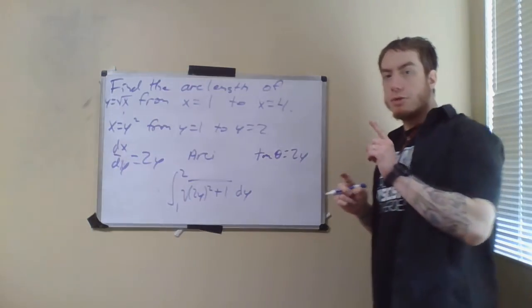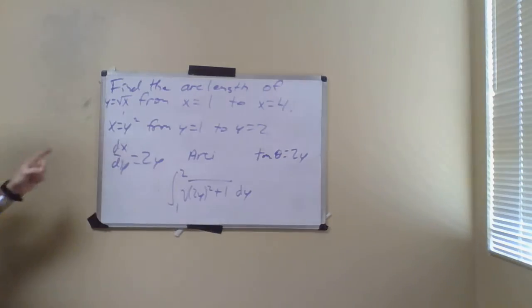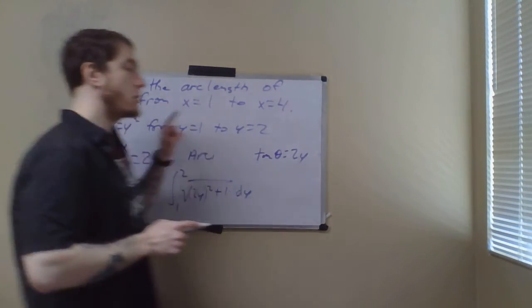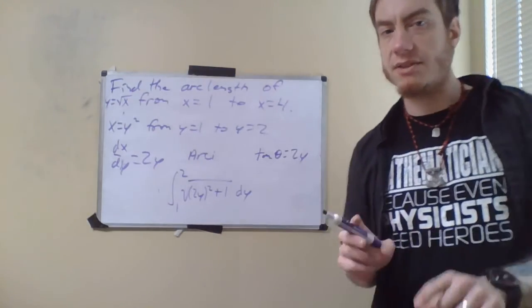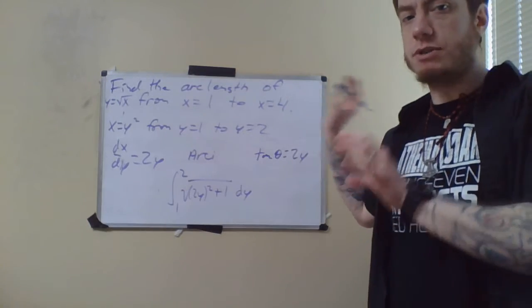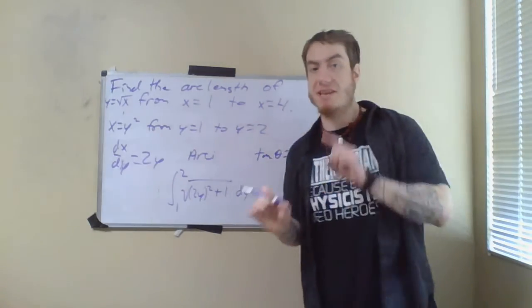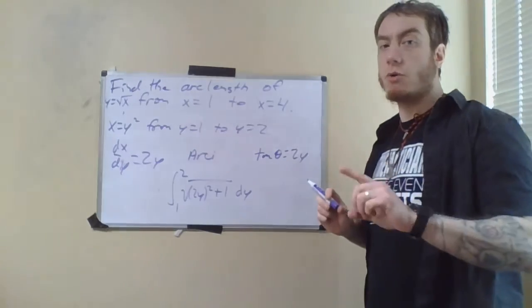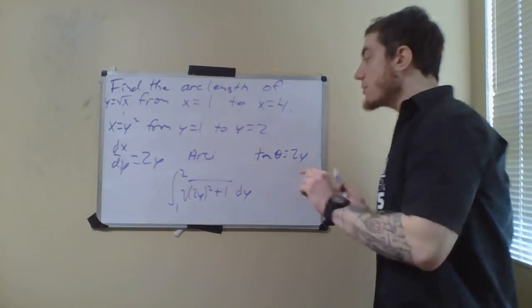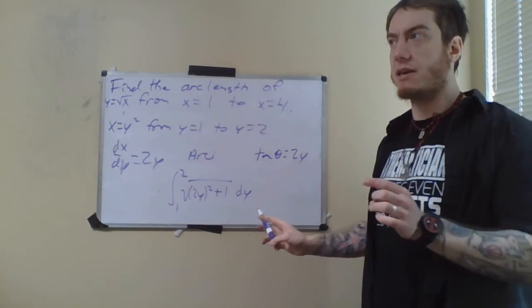So, the moral of these examples is that you want to be able to write down the arc length using both of the different formulas that we did, okay? Because sometimes one formula is going to be a total mess, and the other formula may turn out to be more doable.